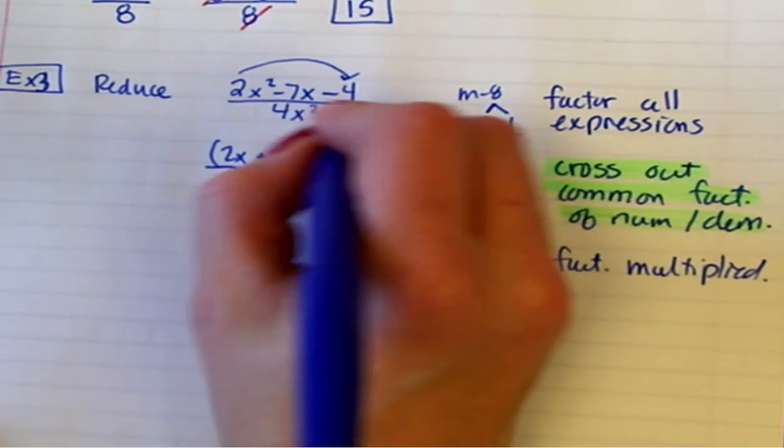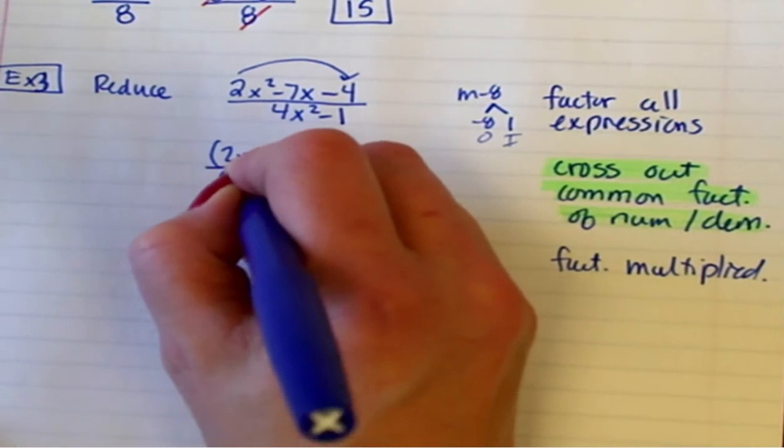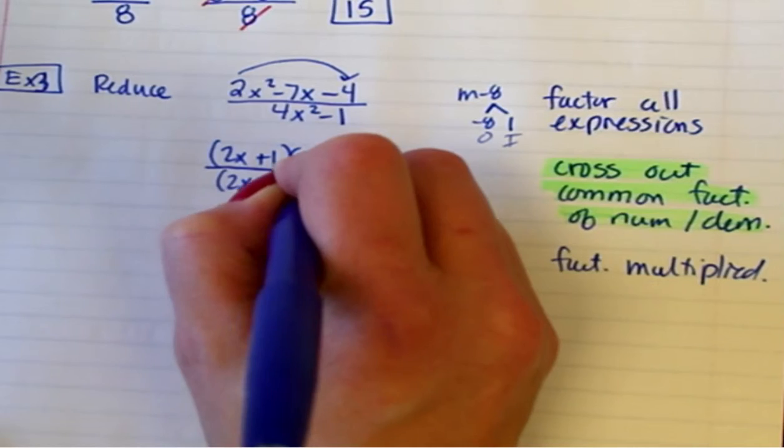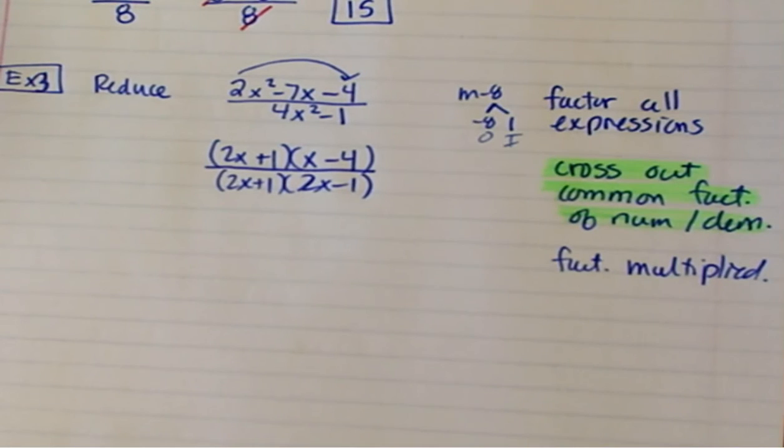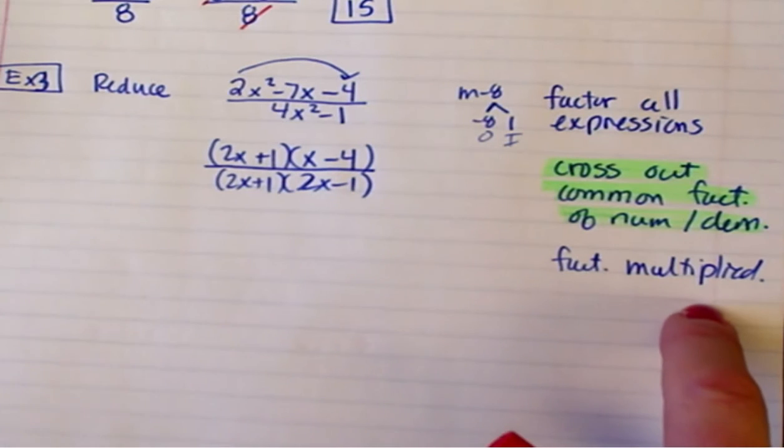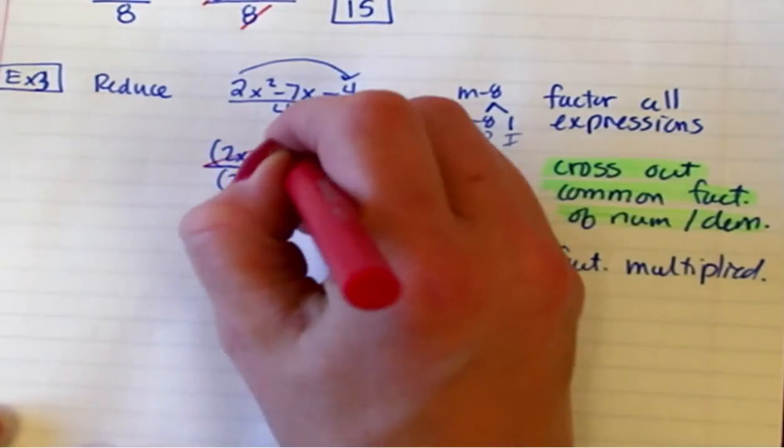This one is difference of squares. Okay, look at the difference between where I started and what I have now. Factors. Factors are multiplied together. Those are the only things you can cross out that are the same on the top and the bottom.